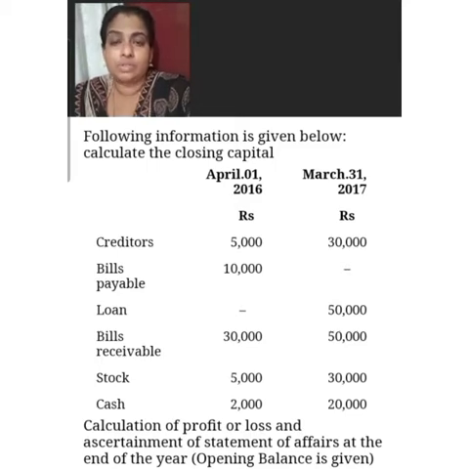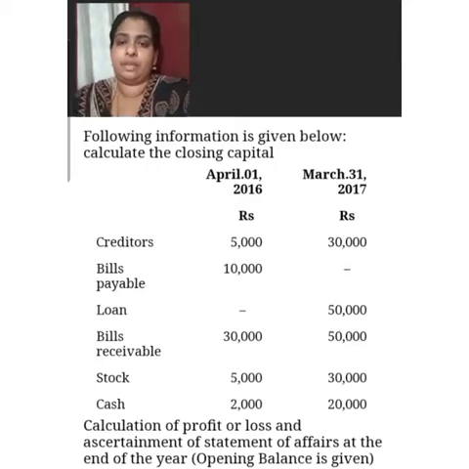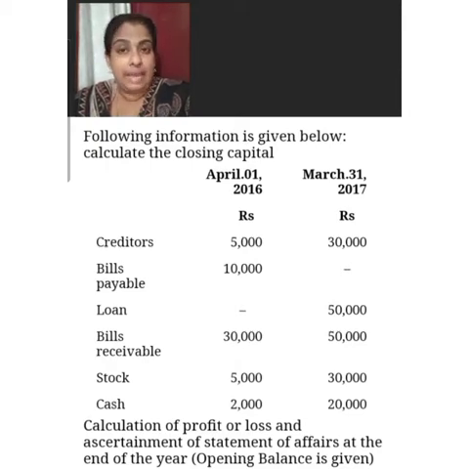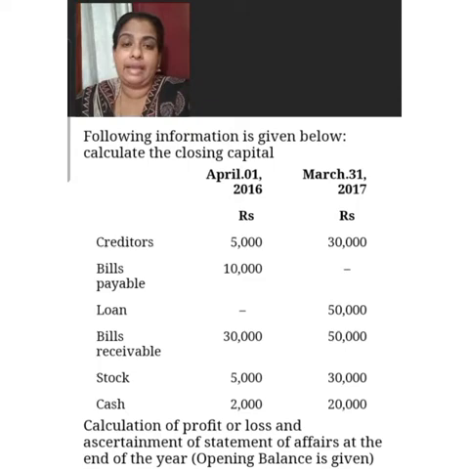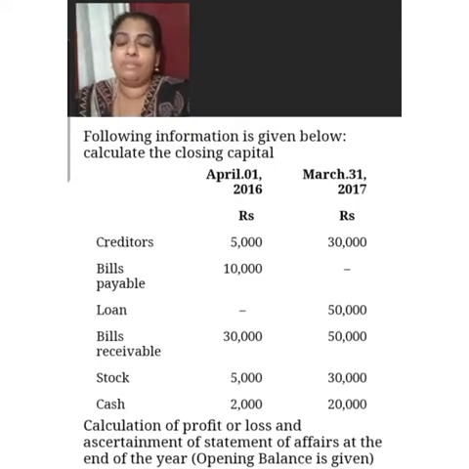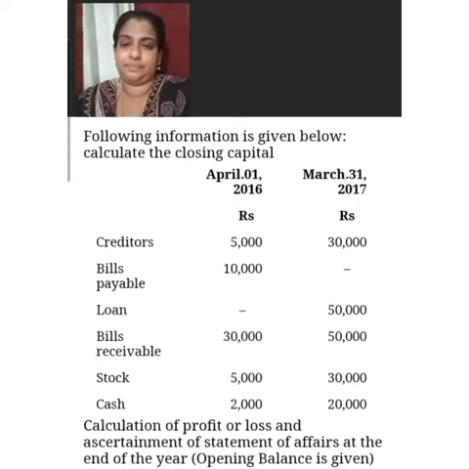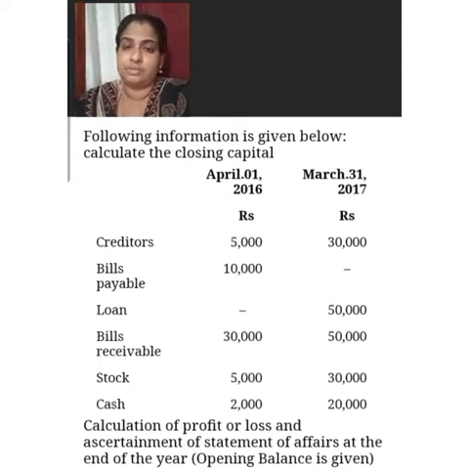Now we are going to solve one problem. The following information is given. Calculate the amount of closing capital. The available details are the various opening and closing balances of various assets and liabilities. The first thing is the opening balance of creditors, bills payable, loan, bills receivable, stock, and cash of 2000.